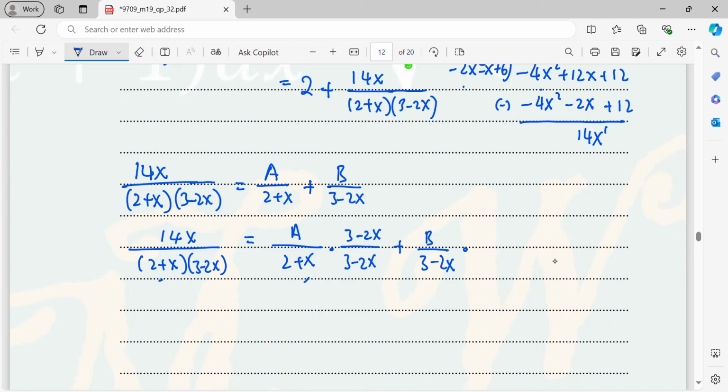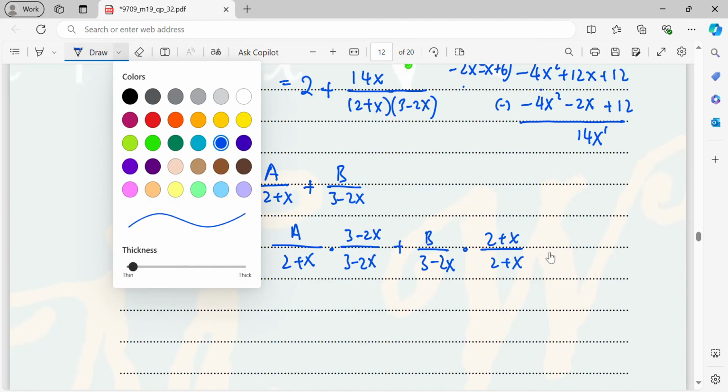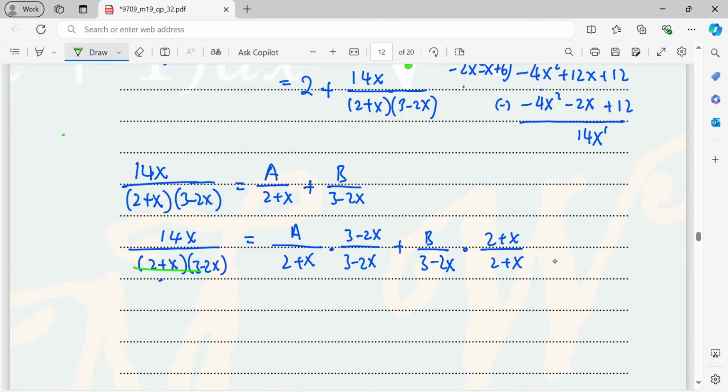For the second term, B over 3 minus 2x, you multiply by 2 plus x. Since you are getting the same denominators, we can just cancel off the denominators and compare the numerators. So now I will get 14x equals A times 3 minus 2x plus B times 2 plus x.